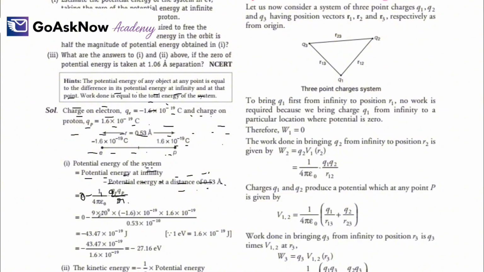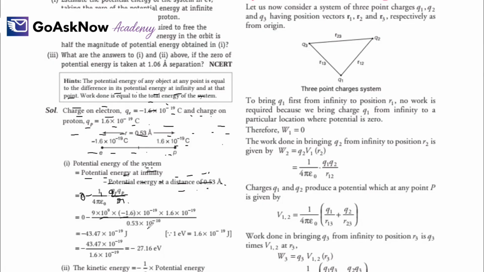Now substitute the value of 1 by 4 pi epsilon naught, that is 9 into 10 power 9, and the charge values we had put here: minus 1.6 into 10 power minus 19 and plus 1.6 into 10 power minus 19. In the denominator, you write 0.53 into 10 power minus 10, because an angstrom is 10 to the power minus 10 meter.